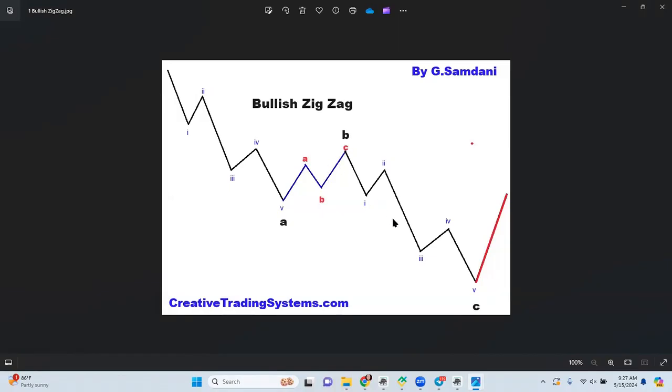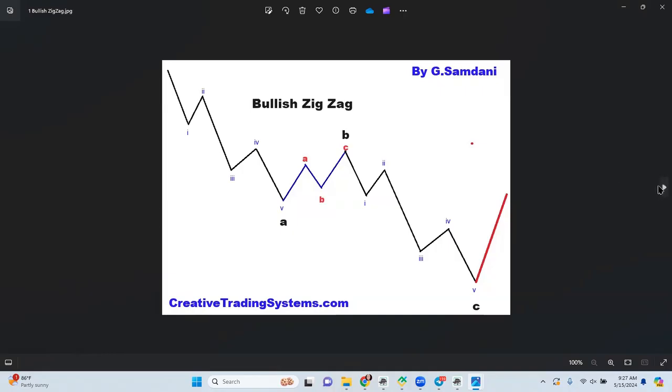And then again, this comes equal to this, meaning A is equal to C, or sometimes C is 127% of A, meaning C is a little bigger. It depends on whether it's a Bat pattern. But if it's a Gartley, usually A and C are equal, and this one is 38% or 50% in between, separating A and C.